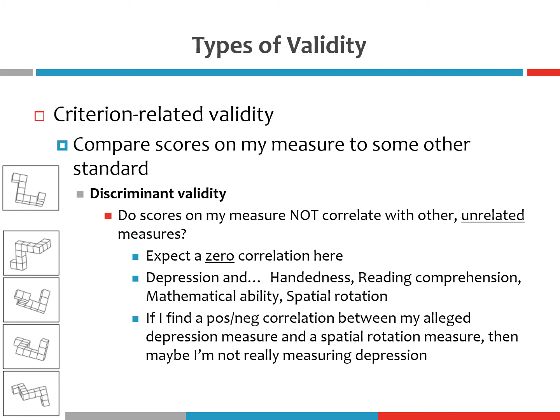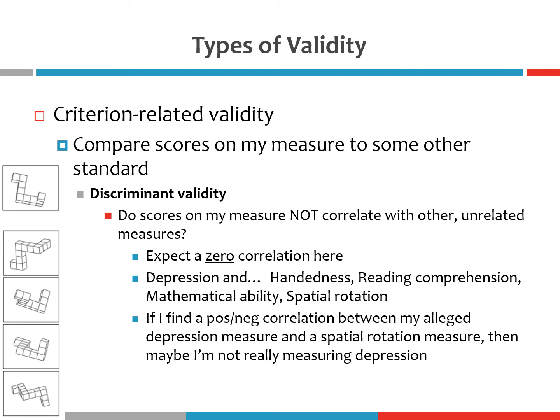So far with criterion-related validity, when we look at convergent validity, we want to make sure that we see either a positive or negative correlation in the expected direction. So we would expect a negative correlation between our depression score and, for example, self-esteem or life satisfaction, and a positive correlation between our depression score and sadness or hopelessness.